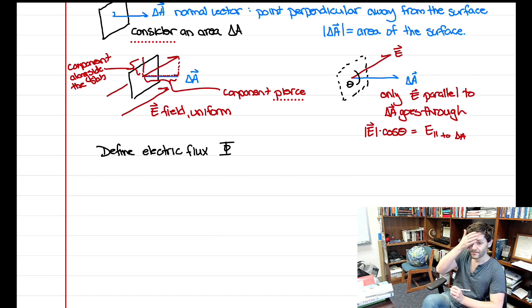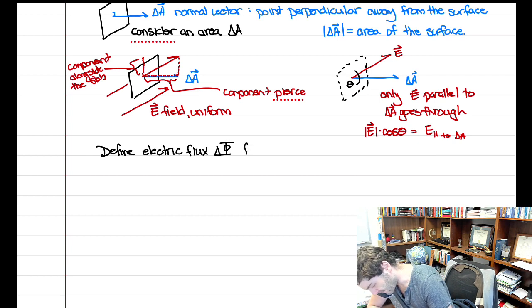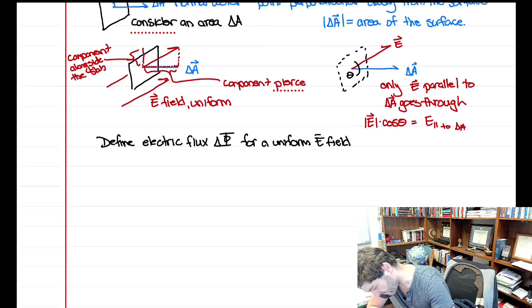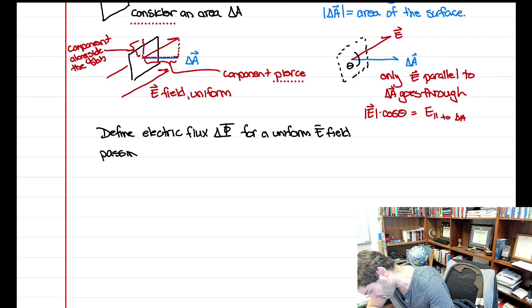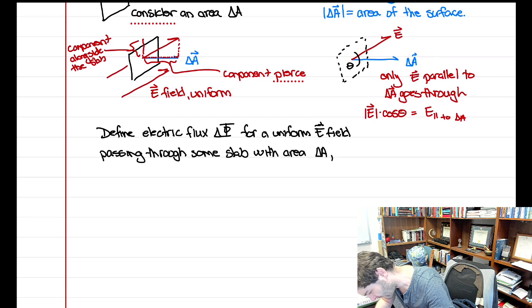Electric flux as the following, and actually I'm going to define it as delta electric flux, for a uniform electric field passing through some area, some slab, with area delta A, which is oriented by some vector, right?